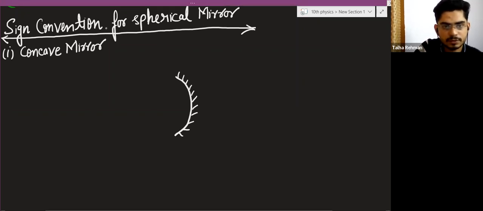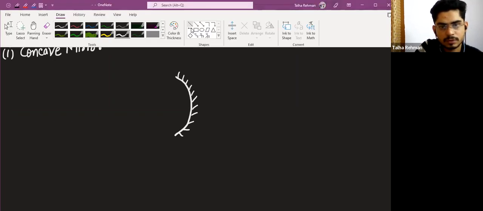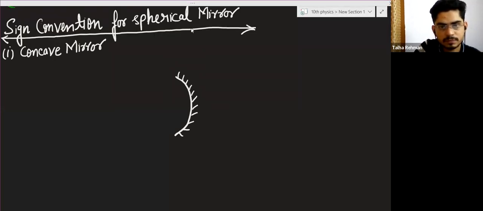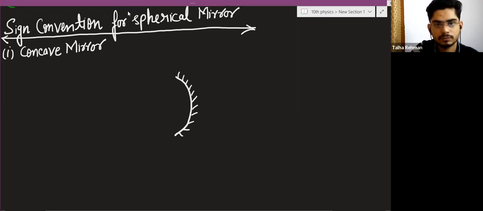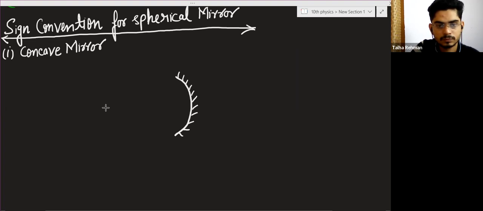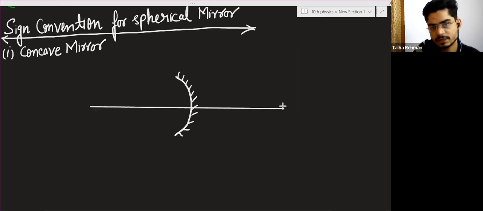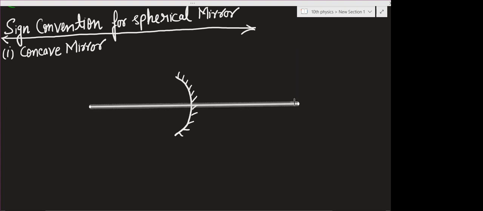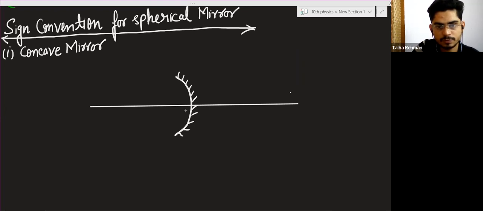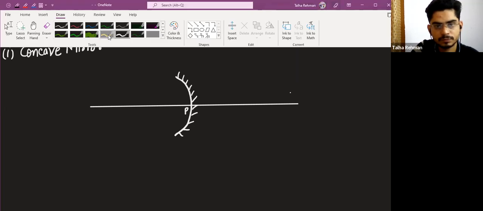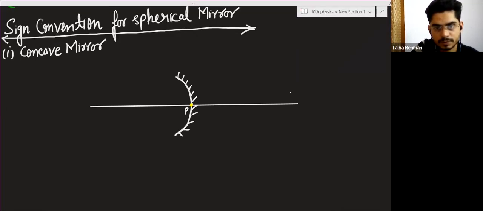This line is the principal axis, and this point is the pole. This point is the center of the mirror, the pole.